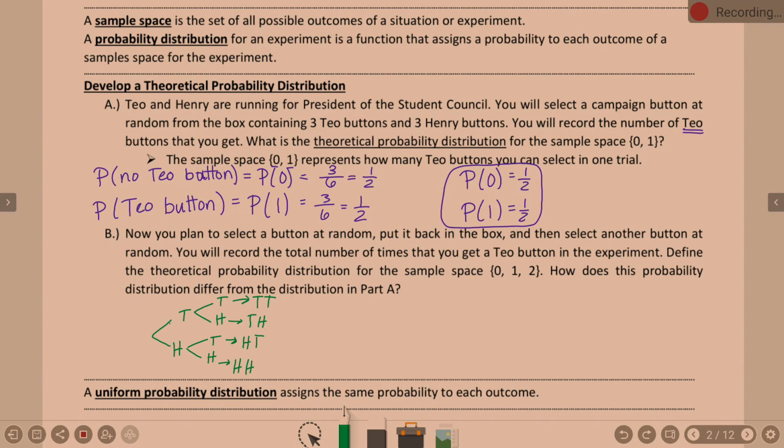Okay? We're being asked for our probability distribution. So probability of 0, probability of 1, probability of 2. And again, what is this all in regards to? TO. So what's the probability of 0?